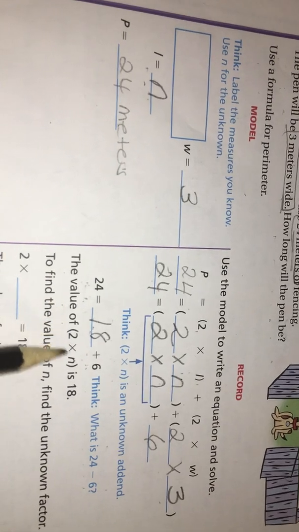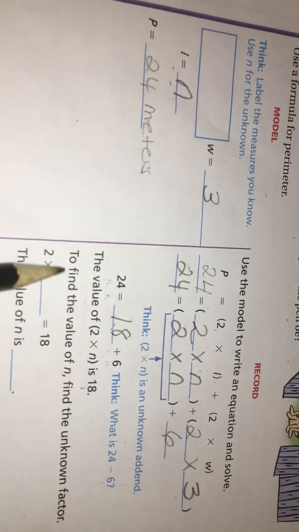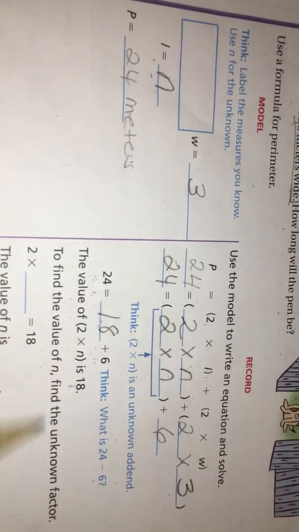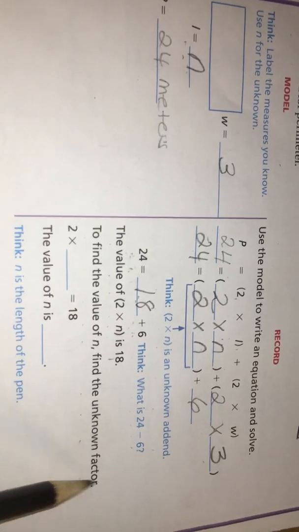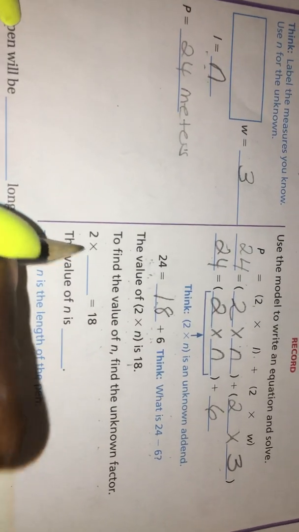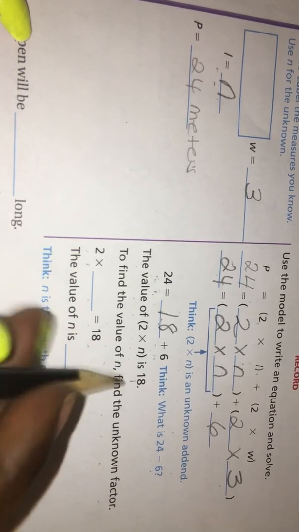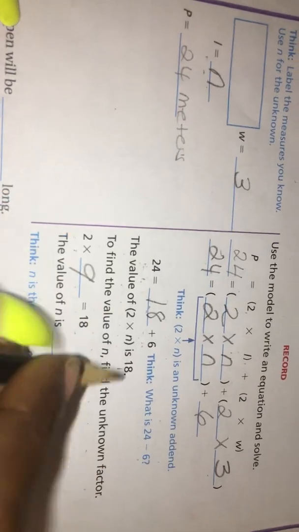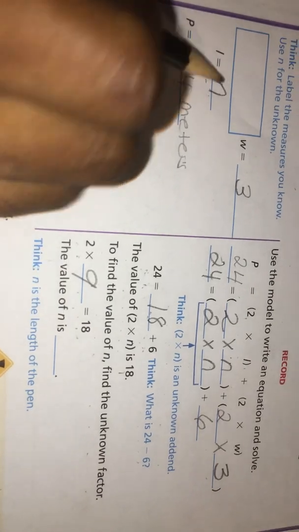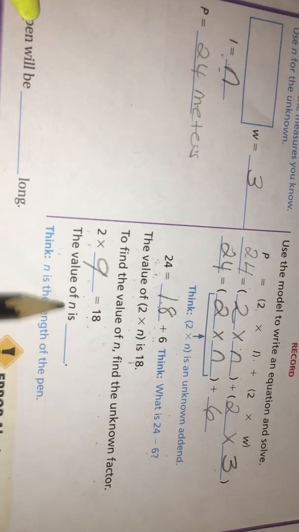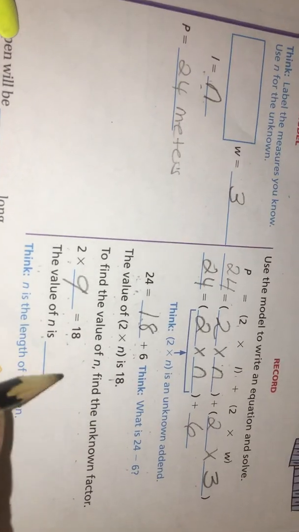The value of 2 times n is 18. To find the value of n, find the unknown factor. So it is 2 times what makes 18? 2 times 9 equals 18. So the value of n is 9.